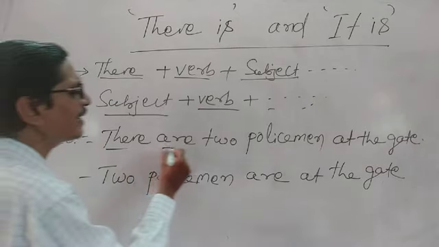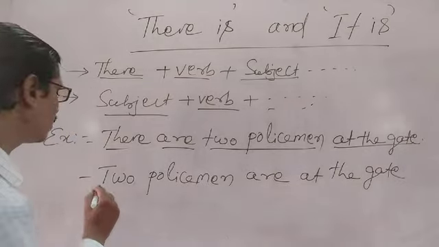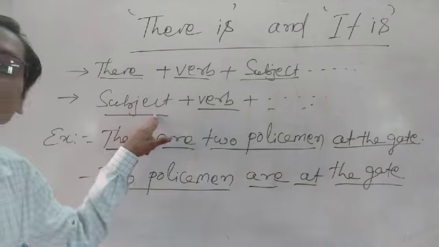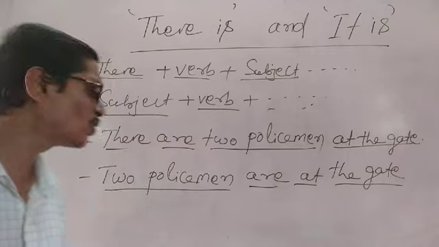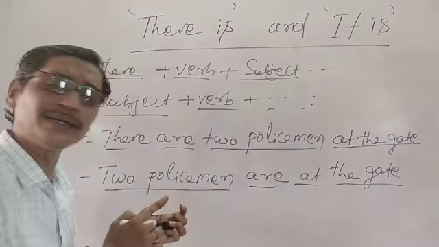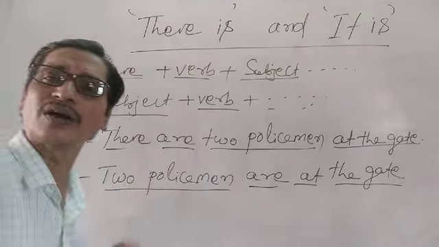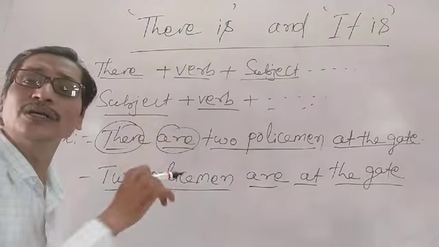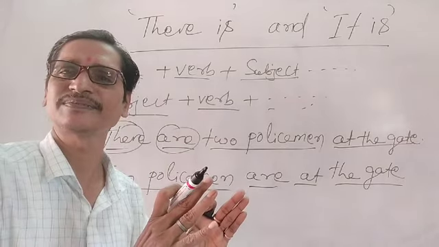You see, there are two policemen at the gate. Okay, so two policemen are at the gate, in accordance with the second structure, subject, verb and complement, you can say. So here, what happens? We can write both of them, and grammatically both are correct, but we use there with a be verb to mean that something is existing or present.